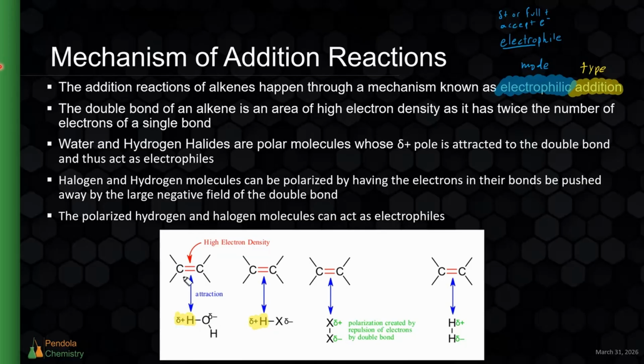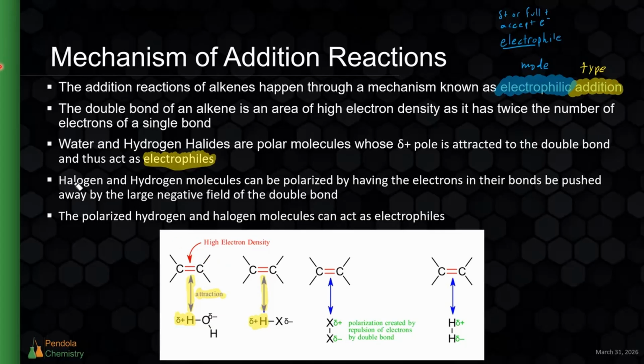What does that mean? That means that there's going to be an attraction between that partially positive hydrogen and our double bond. That's what makes the steam or the hydrogen halide an electrophile.